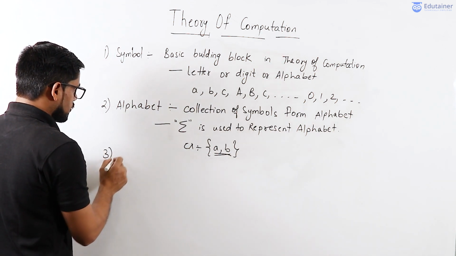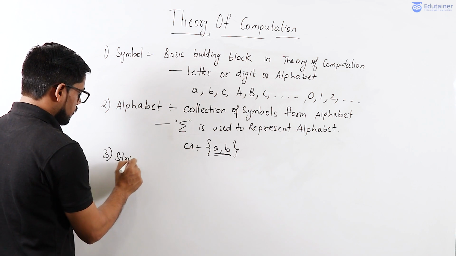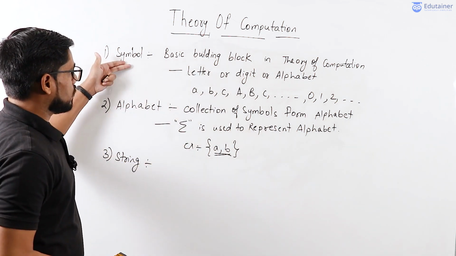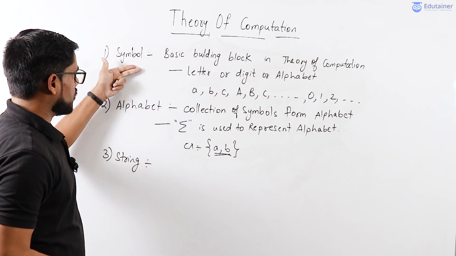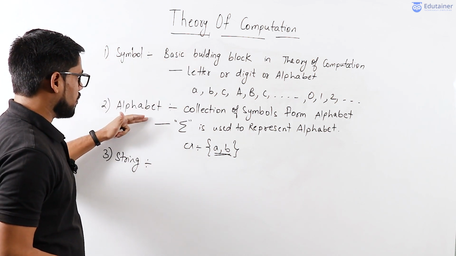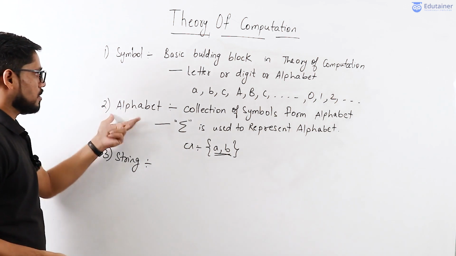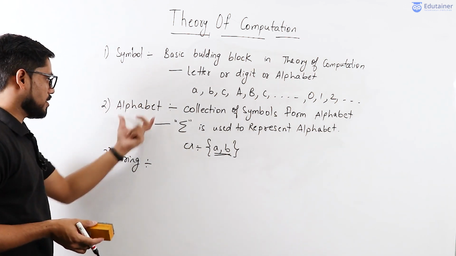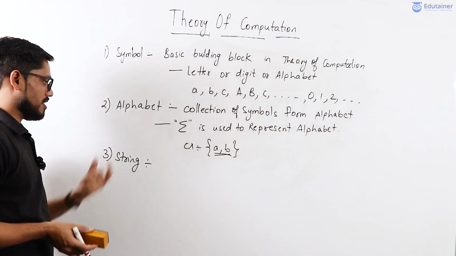The third pillar is string. Symbol is the basic building block. After that you combine these symbols to form an alphabet, and when you combine the symbols of the alphabet together, it is called a string.